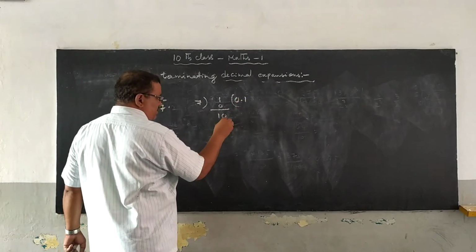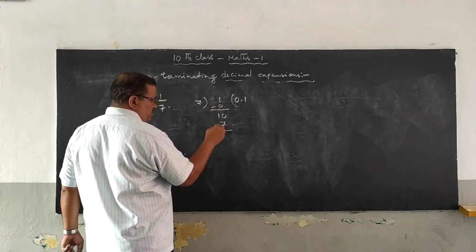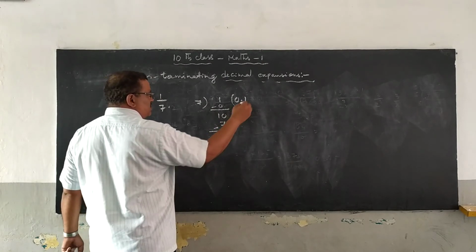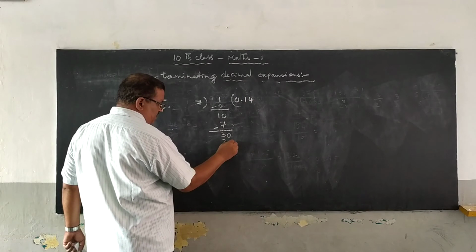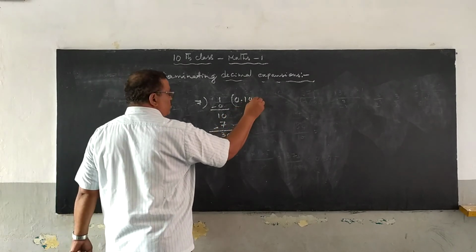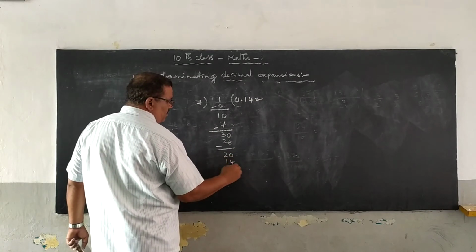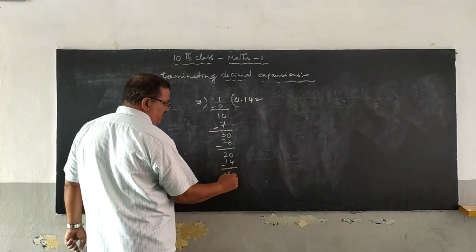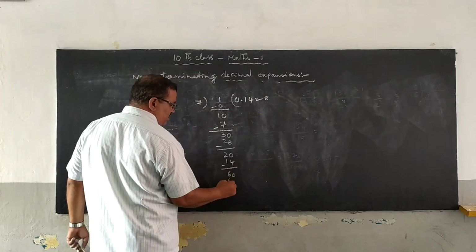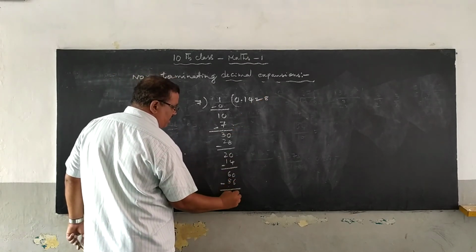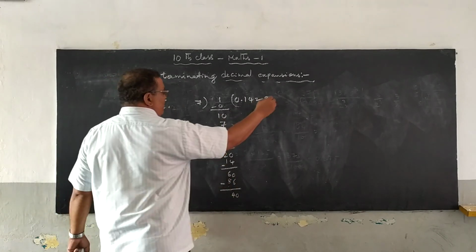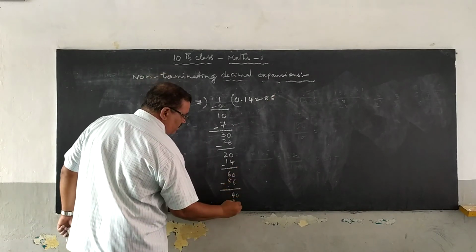7 1s are 7. Do subtraction, the remainder is 3. Keep one more 0. 7 4s are 28. Do subtraction, remainder is 2, 20. 7 2s are 14. Do subtraction, the remainder is 6, 60. 7 8s are 56. Do subtraction, remainder is 4, 40. Keep one more 0. 7 5s are 35.